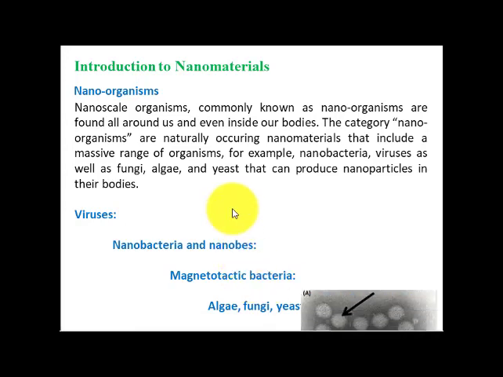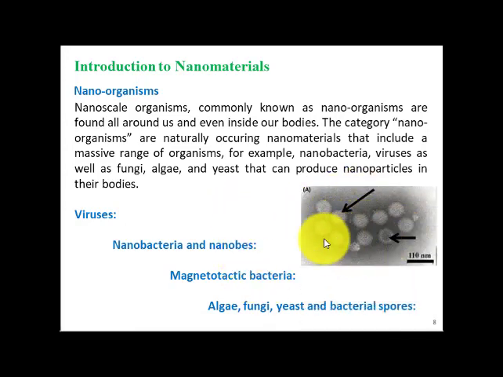The virus nanoparticles, as shown in this figure, can be prepared by using different processes. Nanoparticles can be prepared from viruses by removing their genetic material and making them nano cages for targeted drug delivery. So this is a very good property of the viruses, that they can be used for drug delivery.